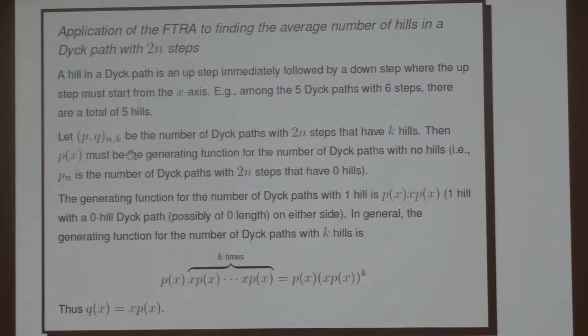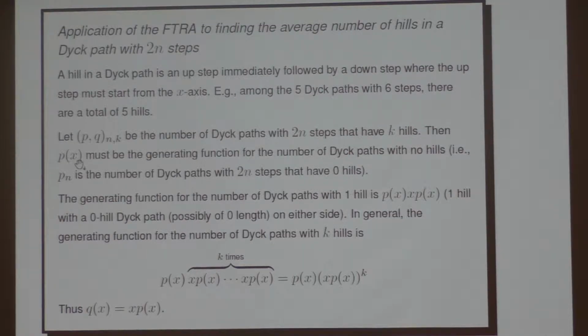So we define our matrix (P, Q). We haven't proved it's a Riordan array. I'm just writing it in Riordan array format in the hope that it will turn out to be a Riordan array. So this matrix entry (n, k) is the number of Dyck paths with 2n steps that have precisely k hills.